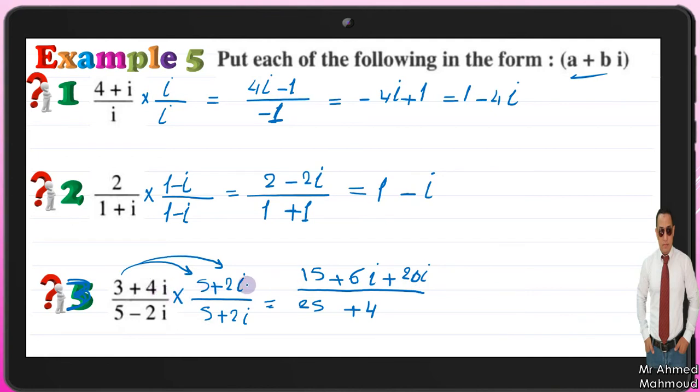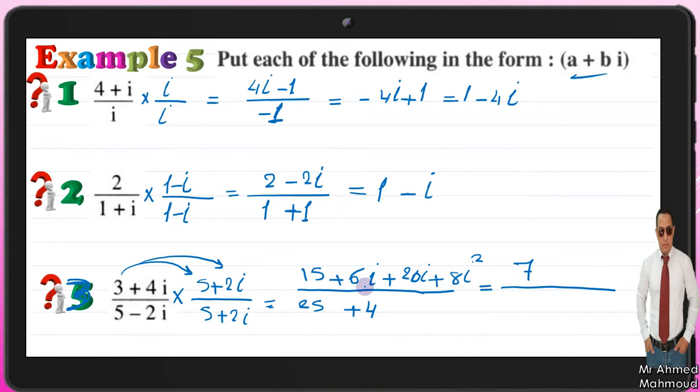And 4i times 2i, 4 times 2 equals 8i power of 2. 8i power of 2 changes the sign, it will be negative 8. Negative 8 plus 15 equals 7.